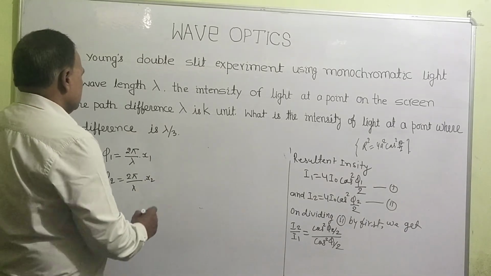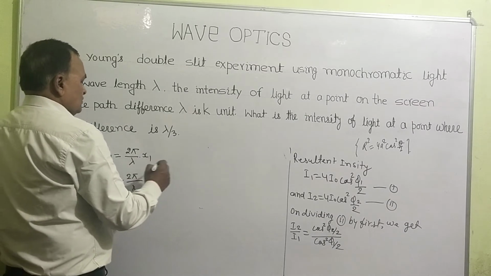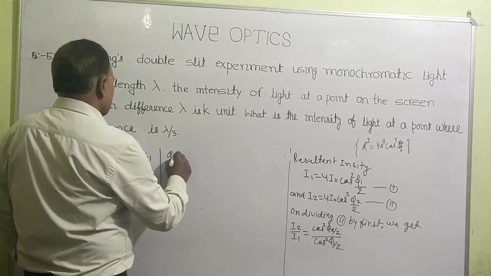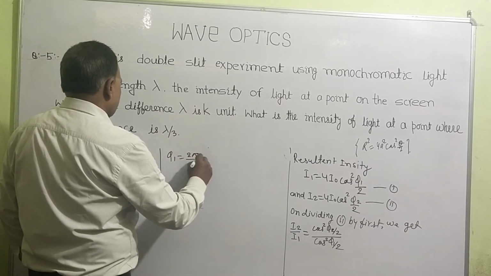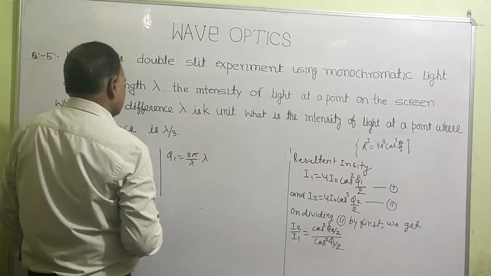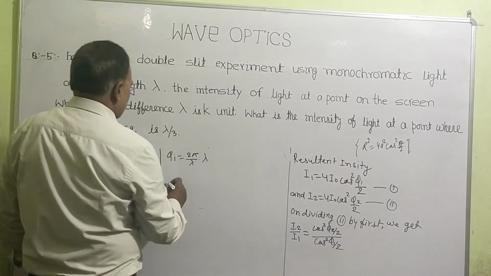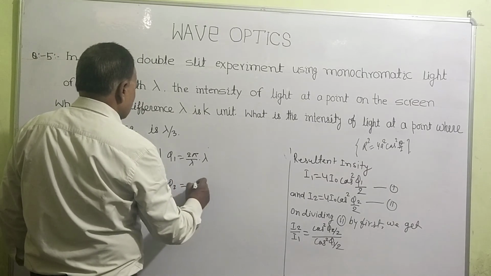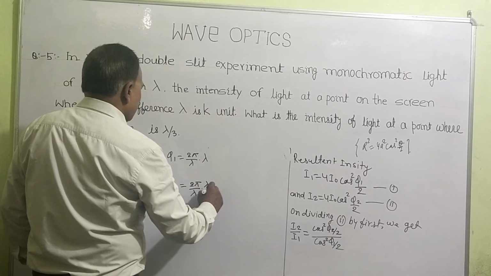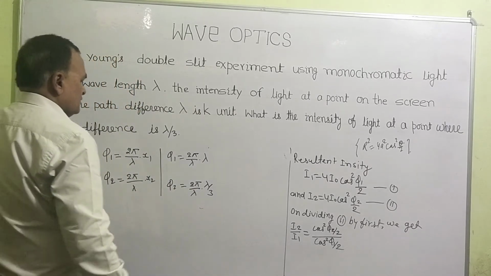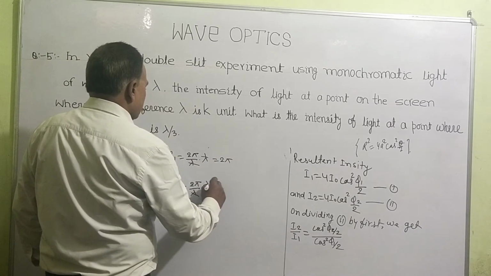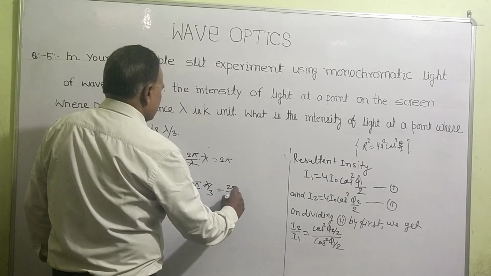So phi 1 is equal to 2 pi by lambda into lambda, and phi 2 is equal to 2 pi by lambda into lambda by 3. So phi 1 is 2 pi and phi 2 is 2 pi by 3.